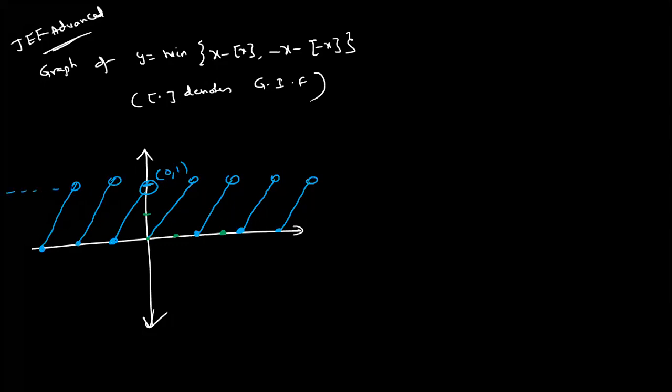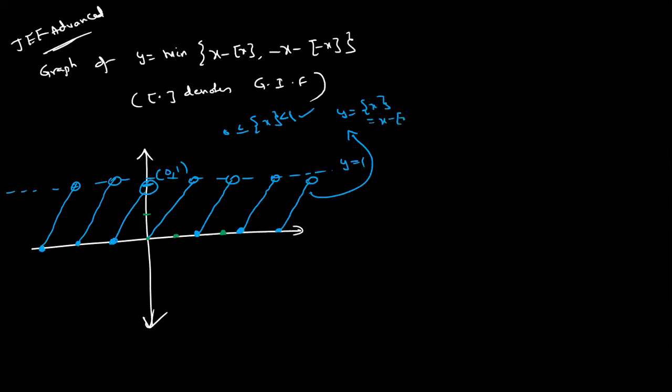Dear students, what is this? y is equal to 1. Fraction part of x always lies between 0 and 1 only. It is not touching the line y is equal to 1, but y is equal to 0 it is touching. Fine. So this is the graph of y is equal to fraction part of x.